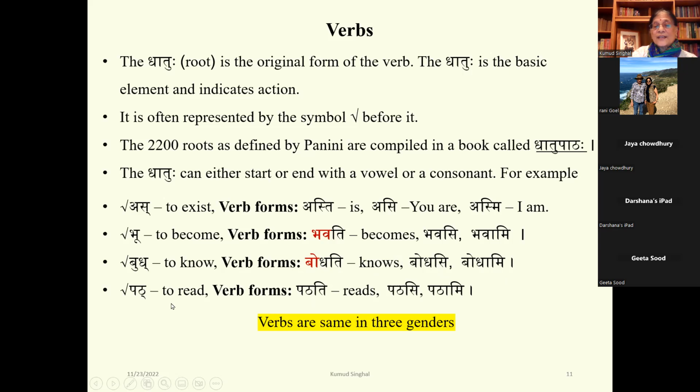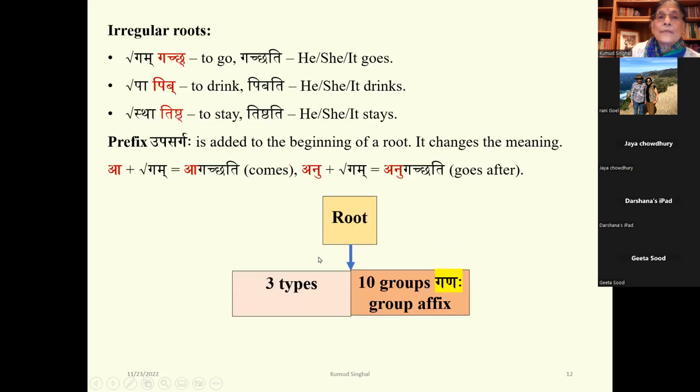Pat, which we have seen, the verb forms will be pathati, he, she, or it reads. Pathasi, you read. Pathami, I read. So the verb forms are the same in the three genders. They are gender independent.